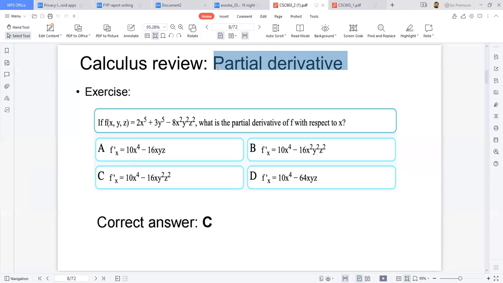But partial derivative comes in gradient descent, which you have learned. In gradient descent you have to find the parameter tuning, the values of the parameters. For example, if there are two parameters, you make the partial derivative with one parameter like x, then with y, then with z.